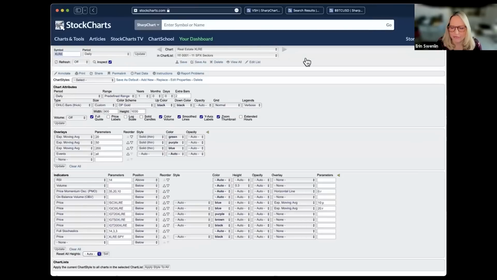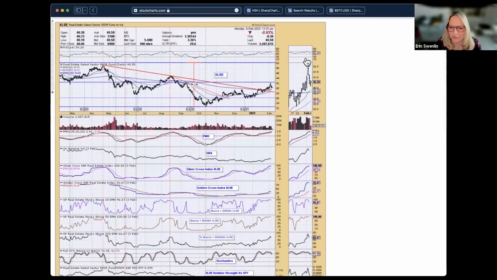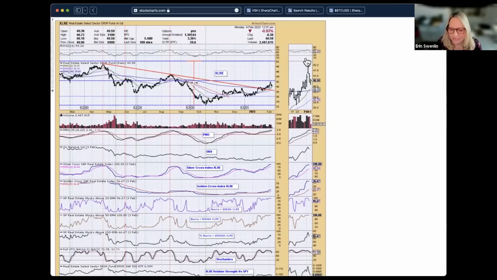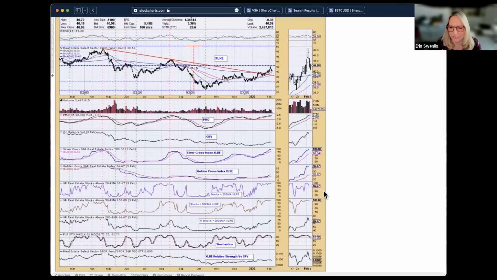XLRE has been a real surprise to me. I think it's quietly been doing so well, and I just haven't been paying enough attention to it. I wish I had, because now the PMO is turning down. So we got this really great rally. We're pulling back to the breakout point of the 200-day EMA, but I don't know. These readings are great under the surface for real estate.